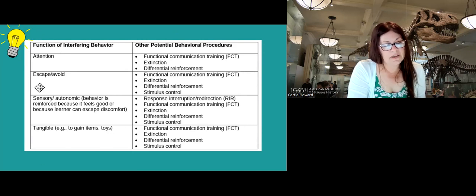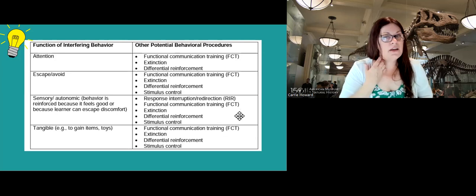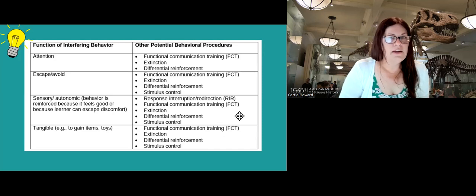So if you think, oh, he could be hand flapping for a sensory need, I would say for this student, what I would like to do is try to find a replacement behavior that is more appropriate and can fulfill his need for that sensory input in not such an obvious or distracting way that's going to cause him problems in the gen ed classroom.